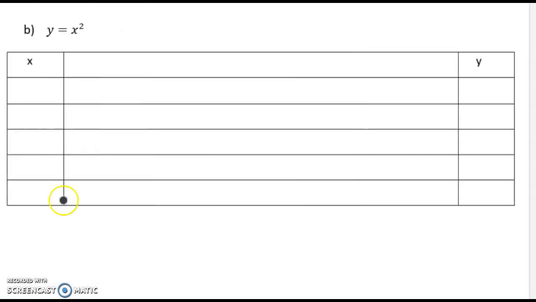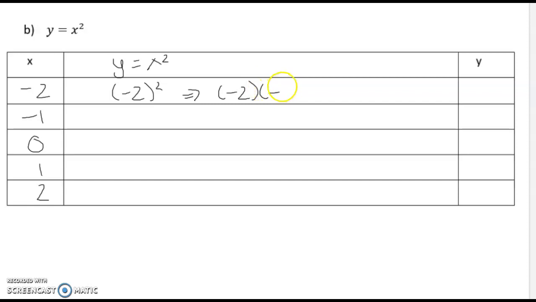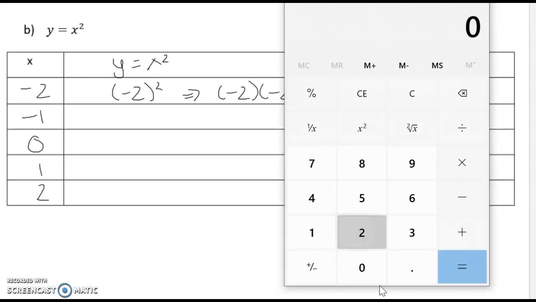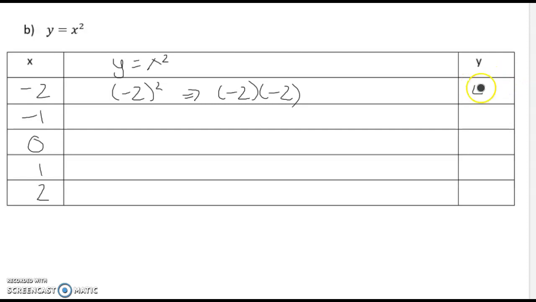Okay, let's do our last example. So this one right here, y equals x squared. So I'm going to fill in here, y equals x squared, and I'm going to give you the numbers we're going to use. -2, -1, 0, 1, and 2. So same thing here. Where x is going to be -2, and it's squared. So that means -2 times -2. So in your calculator, remember this isn't a very good one, so I have to do it the long way. -2 times -2 gives us +4.